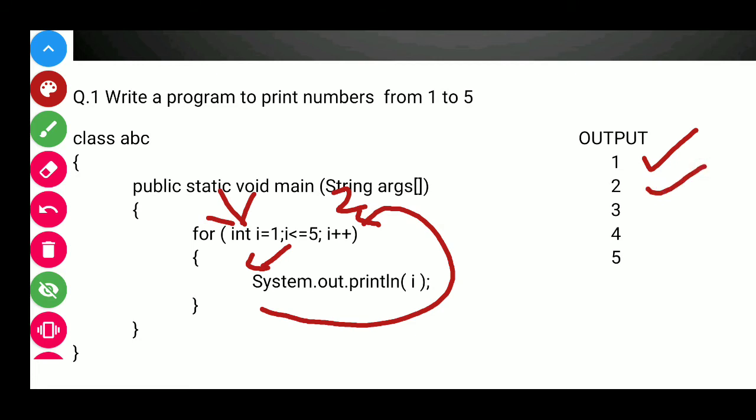Again it will reach the curly brace and come back to the increment. i will become 3. It will check whether 3 is less than or equal to 5. The condition is true. It will get inside the loop, and print 3. Again it will go back to the increment.